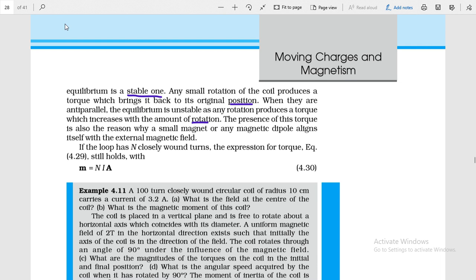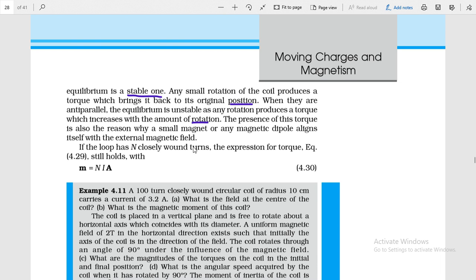So if m and B are in the same direction and we rotate the coil, it will return to its initial state, and this is known as stable equilibrium of the loop. Whereas if they are anti-parallel to each other, a small disturbance will increase the rotation, and this type of equilibrium is considered unstable equilibrium.